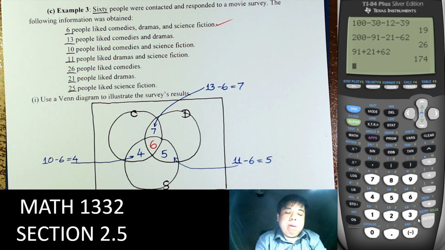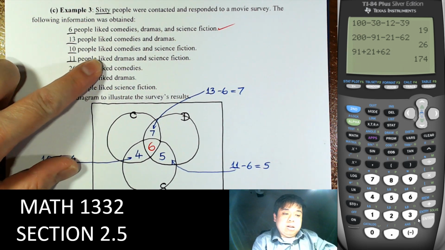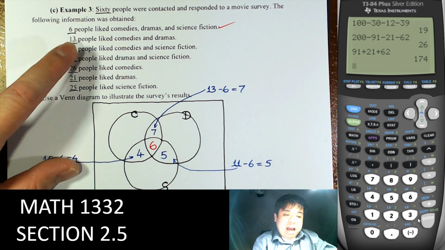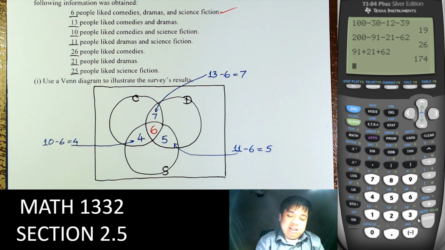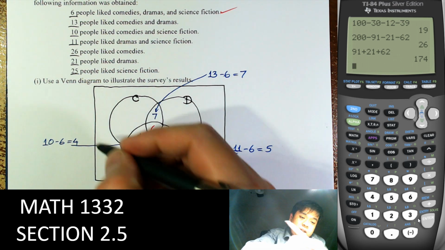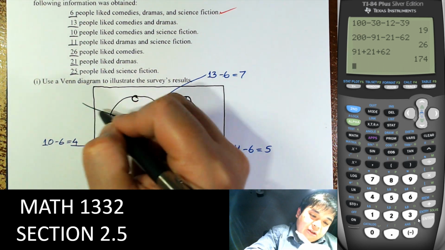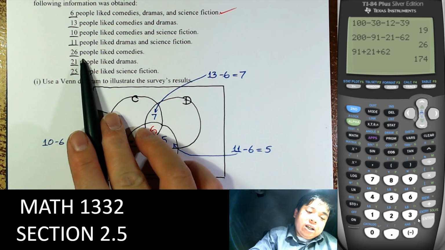Remember, when I said these people like 2 types, that actually includes those that like everything. Next, we find the people that only like one type. This one: 26 like comedies.